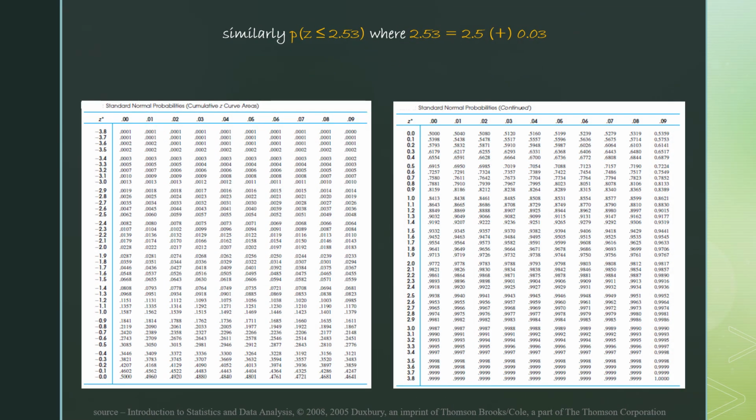Similarly, the probability that z takes a value less than plus 2.53, where 2.53 equals 2.5 plus 0.03, equals 0.9943, that is 99.43%.